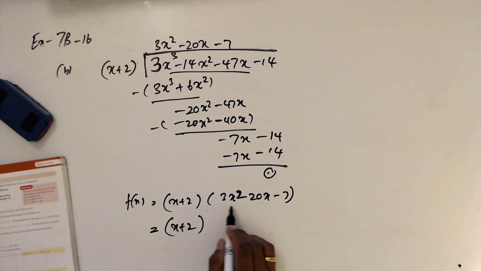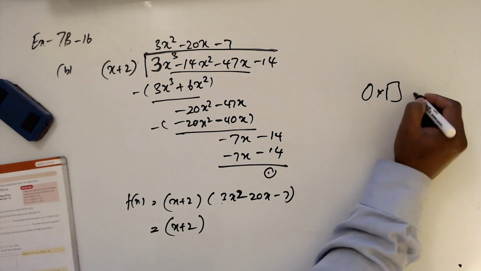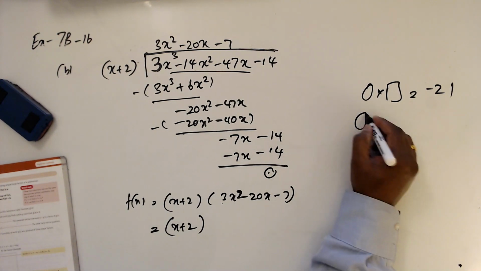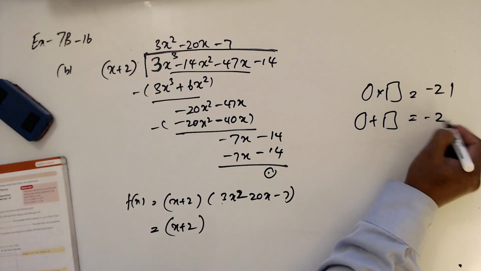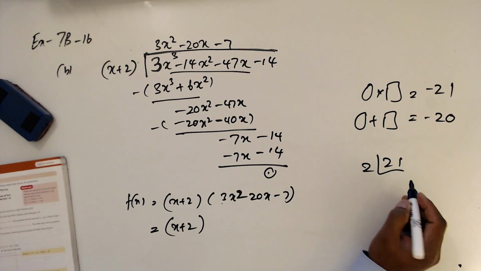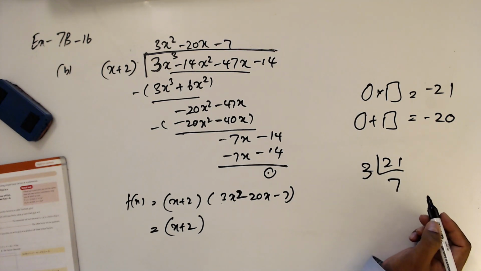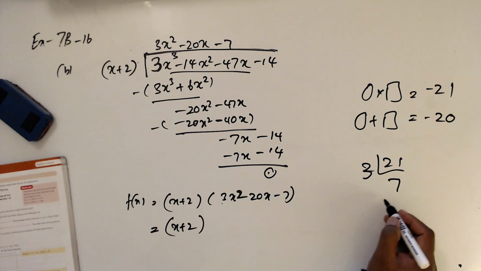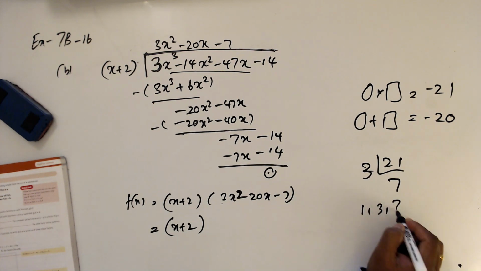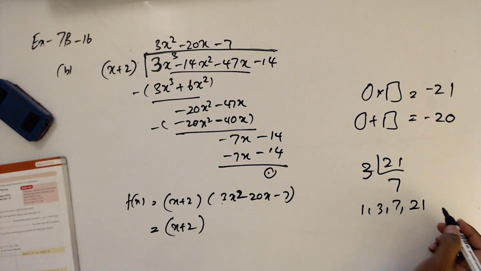Now when you multiply two numbers, you want to get minus 21, and when you add those two numbers, you want to get minus 20. So now 21, you have to break it: 3, 7, and that's all. So the factors are 1, 3, 7, 21.